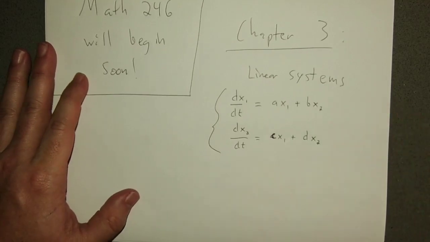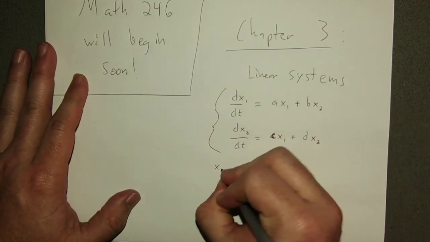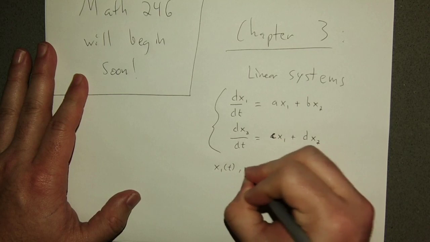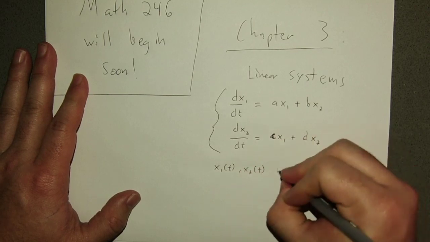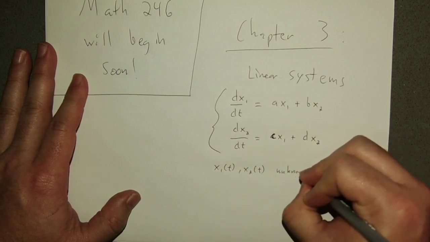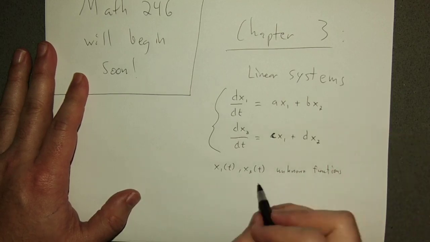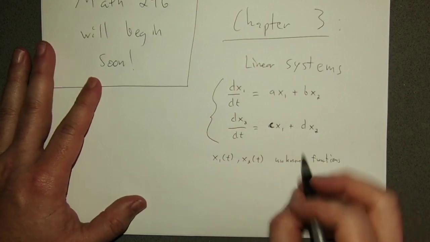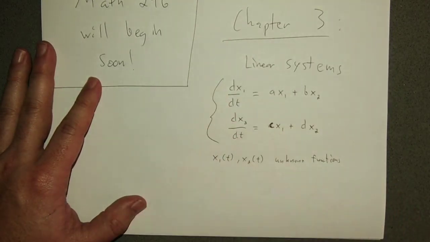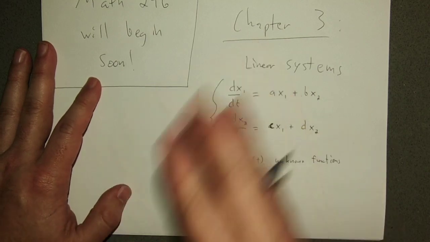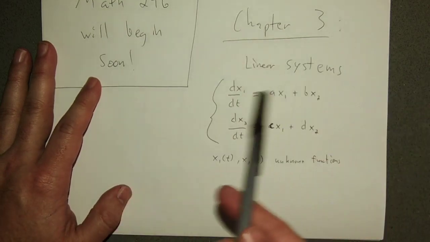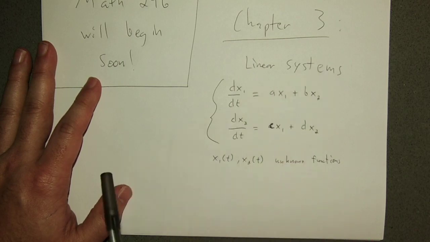So what does this mean? My x sub 1 of t and x sub 2 of t are unknown functions, and these unknown functions satisfy this system of differential equations. It's called a linear system, and you'll see why in a second, other than being a system of two first-order linear differential equations.